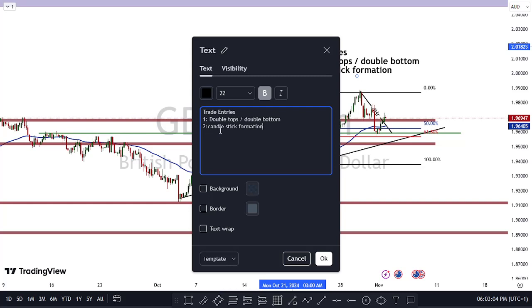That's the first one, and the second one is candlestick formation, where we list the types of candlesticks we usually use. We know all these things. I've said it in the previous video.